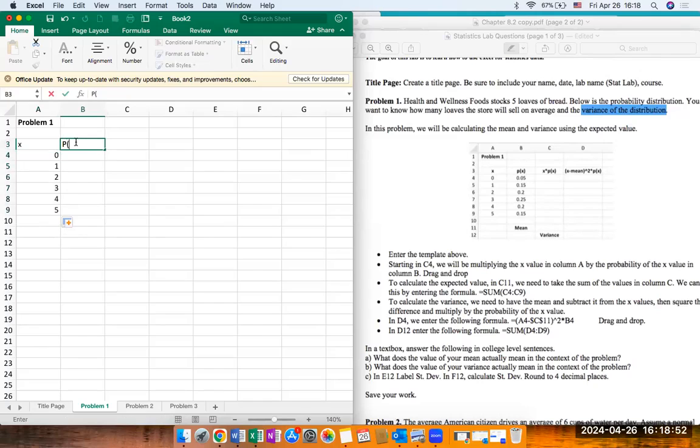We have P of X, .05. Double check that we have entered it in correctly. Okay, then we have X times P of X.